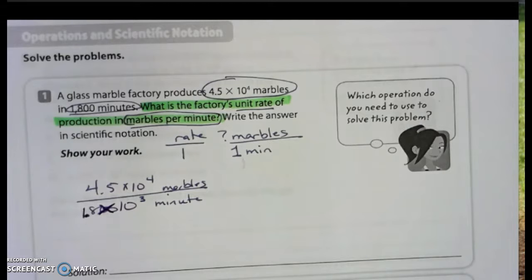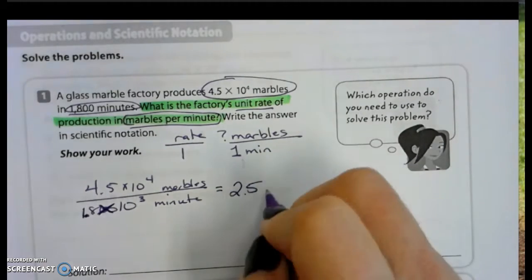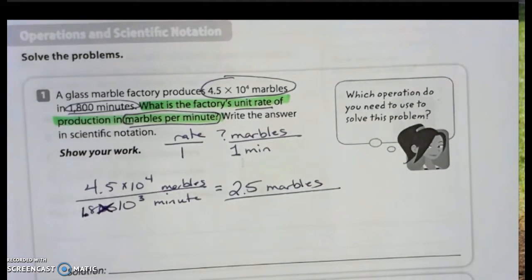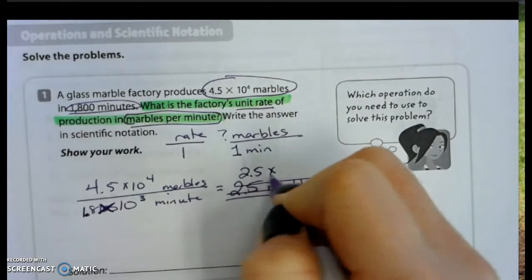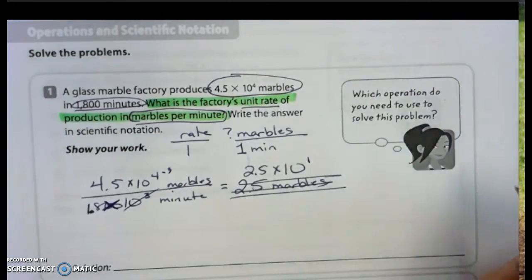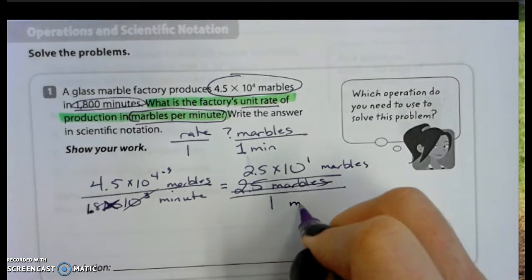I didn't want to rewrite it again. Now we just have to divide. We're going to divide the 4.5 by 1.8. We're dividing the constants, which is going to give us 2.5. Then I'm going to subtract the 3 from the 4, which gives 10 to the 1, marbles per 1 minute.